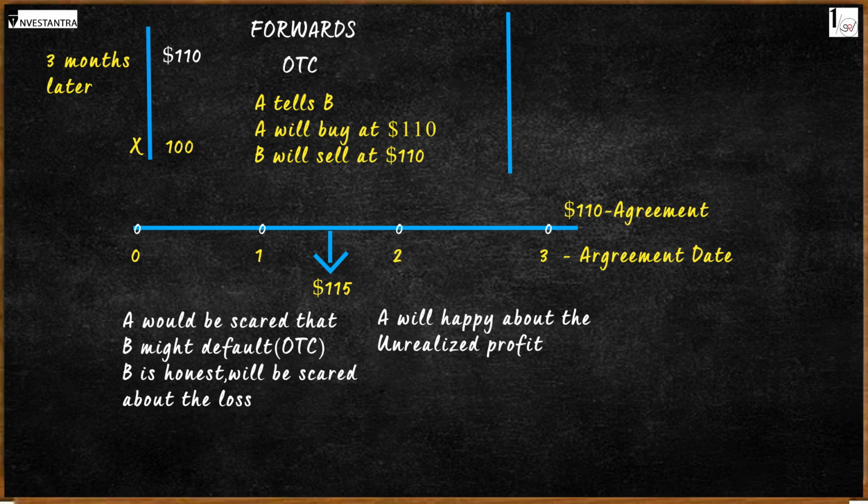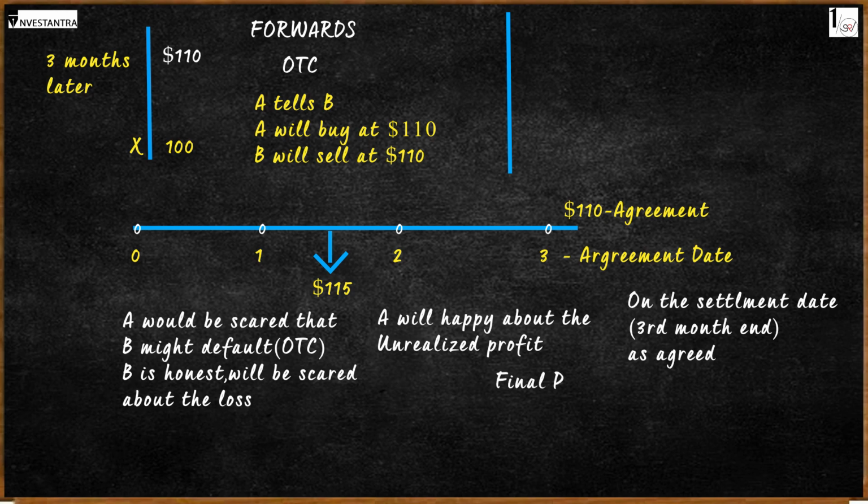So on the settlement date, what is settlement date? That is the third month end, right? As agreed. Let's say the stock finally hits $121. Here, the profit to A is $121 minus $110, right? That is $11.